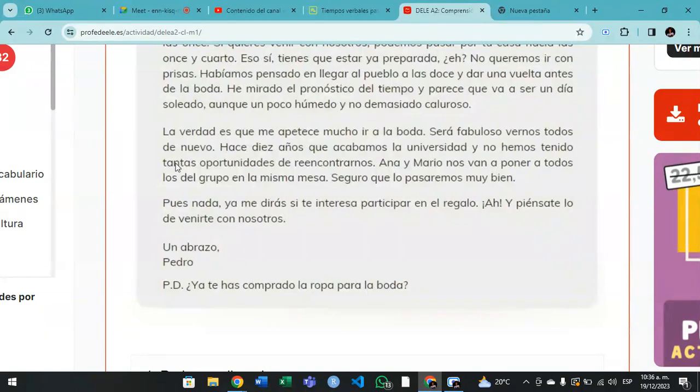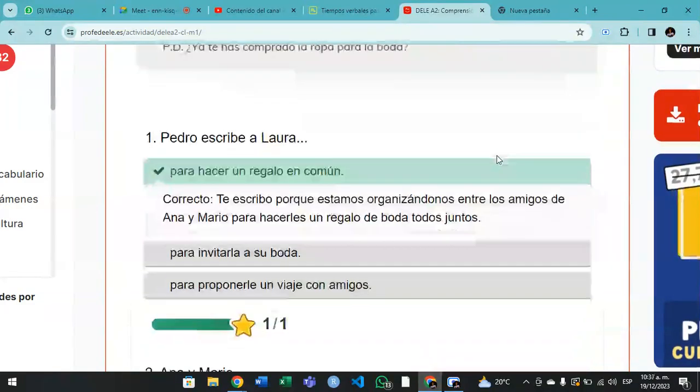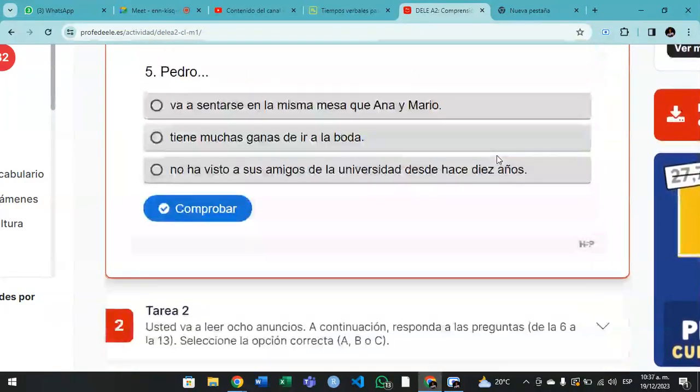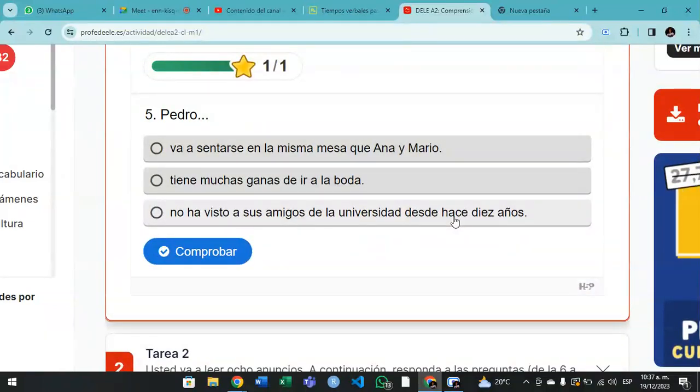Tantas oportunidades is too many chances, right? So they have seen each other, but not too many times. So it's not this one. And the first one says that he's sitting with Ana and Mario, right? Okay.